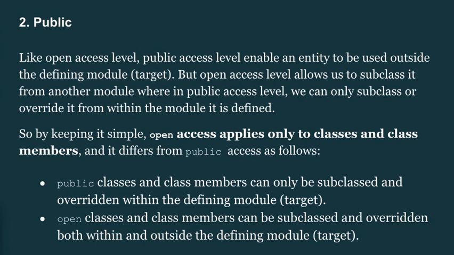Public classes and class members can only be subclassed and overridden within the defining module target. Open classes and class members can be subclassed and overridden both within and outside the defining module target.